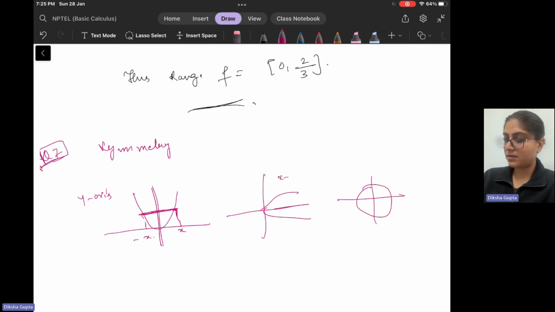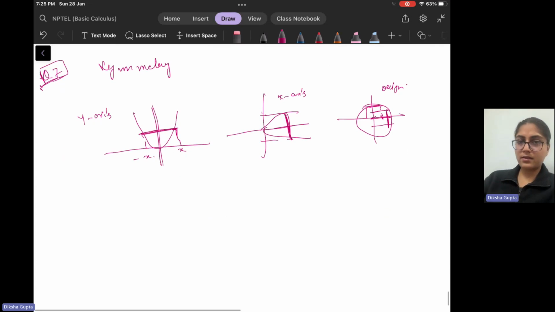Now this is symmetric about the x-axis, meaning that for any y positive and any y negative, the graph of the function is the same. And this is symmetric about the origin, meaning for any x positive and x negative, and for any y positive and negative, it is the same value.